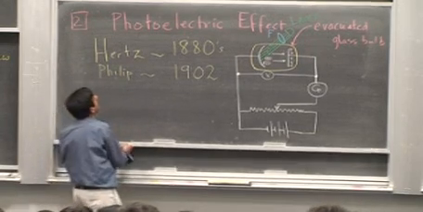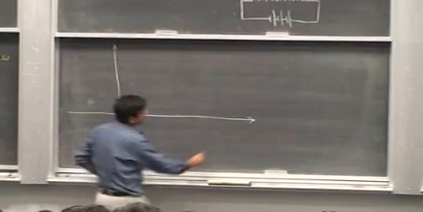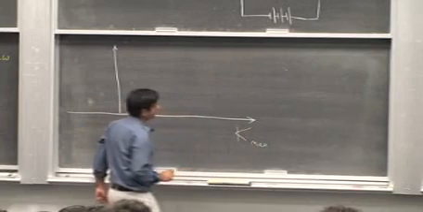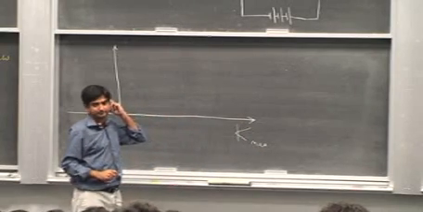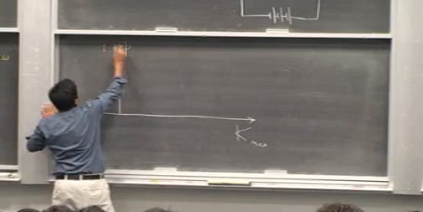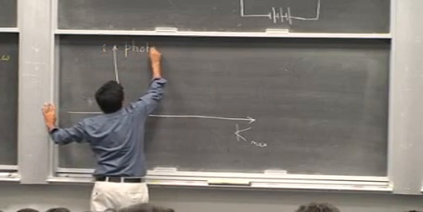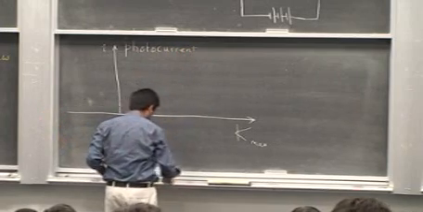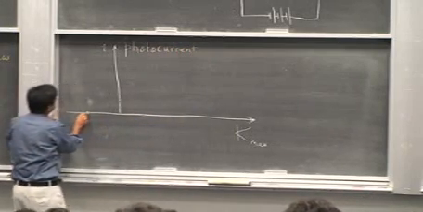So what Philip observed is that if he plotted the maximum kinetic energy of the electrons on this axis and the photocurrent small I, which was measured by the galvanometer, he obtained a graph like this.